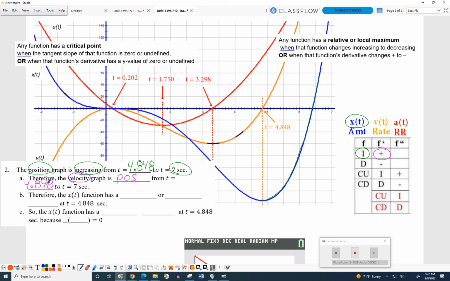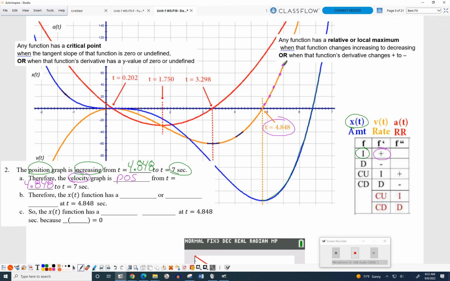And notice that starting at time 4.848, when the position graph starts to go up, every y coordinate on velocity would have to be a positive number. Because the velocity is always telling you how the position is going to change. If the velocity is positive, that means the position must be going up. Questions?